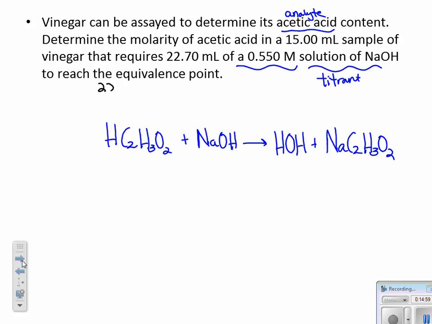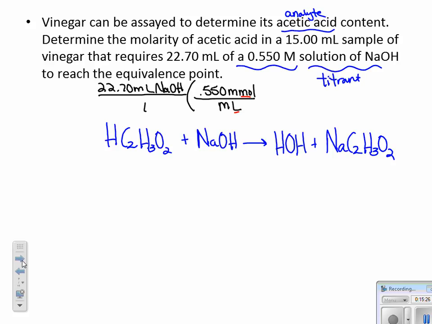So 22.70 milliliters of sodium hydroxide, we're going to use the molarity to get millimoles. So 0.550 millimoles for every milliliter, right? We know that molarity is moles per liter, so if we add a milli to both of those, it's not going to change a thing.